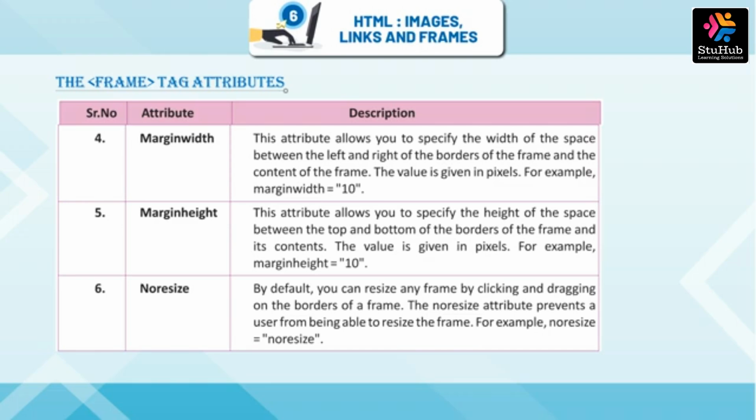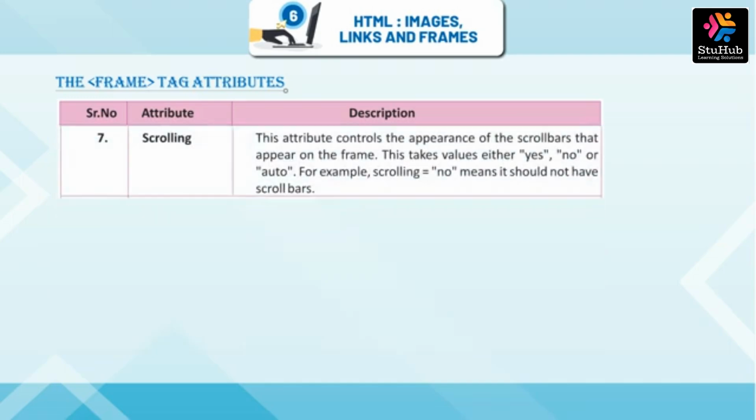6. No resize. By default, you can resize any frame by clicking and dragging on the borders of the frame. The noresize attribute prevents a user from being able to resize the frame. For example, noresize equal to noresize. 7. Scrolling. This attribute controls the appearance of the scroll bars that appear on the frame. This takes value either yes or no or auto.